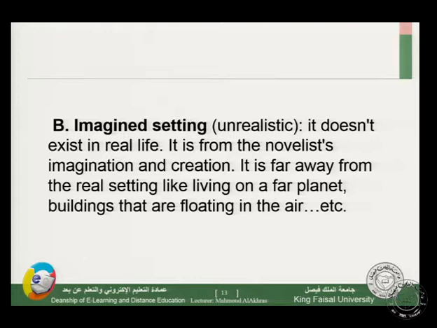Again, it is far away from the real setting, like living on a far planet, or buildings that are floating in the air. We don't have buildings in the air. If I talk about a city in the air, which is floating, it is imagined. It's not real.